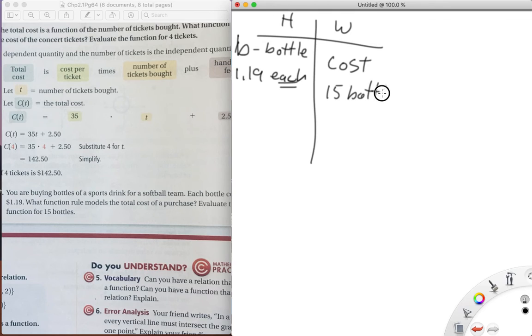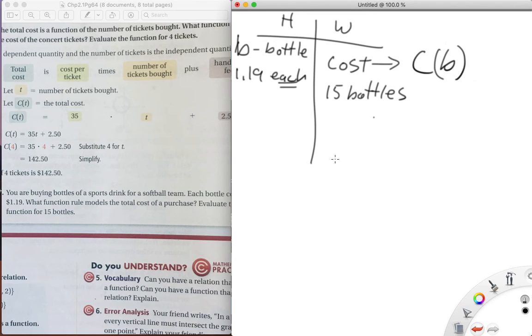Okay. So we'll use the cost. We'll say, instead of f of x, we'll say c of b.